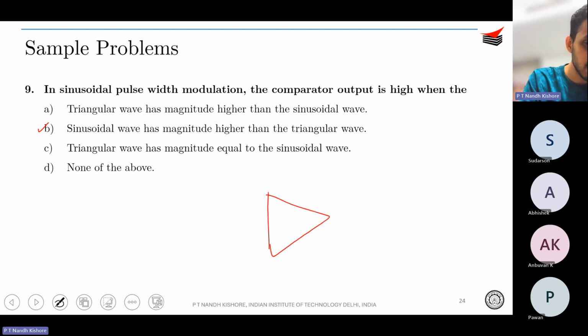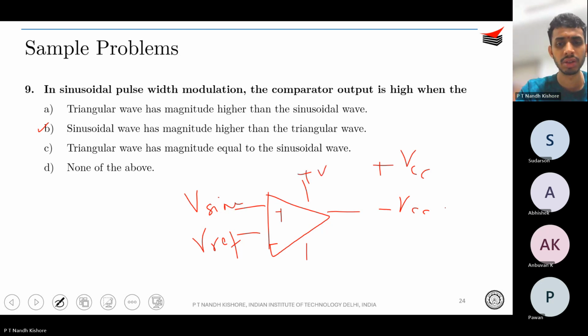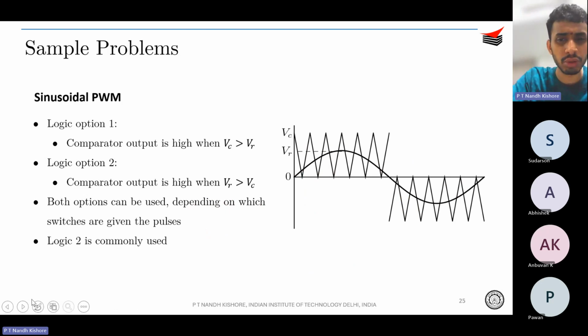We have a comparator, something like this. You will be feeding V sine over here and V reference, the V triangular, over here. When V sine goes more than V ref, it will be plus VCC, or else it will be minus VCC. It's just a convention, okay, but both of them are applicable.